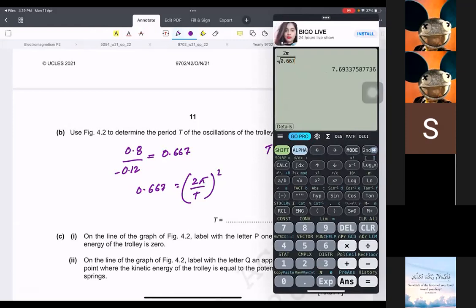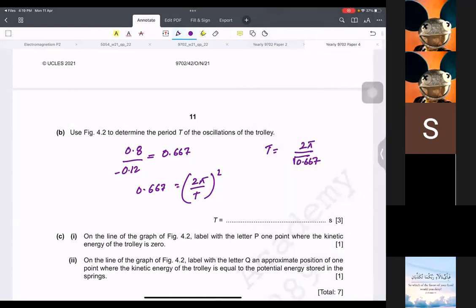Still not coming right. What is happening? So do under 6.67. Under root 6.67. Okay. Finally, it came correct. Seems I got lucky today. One calculation is fine. 2.4 seconds, right?